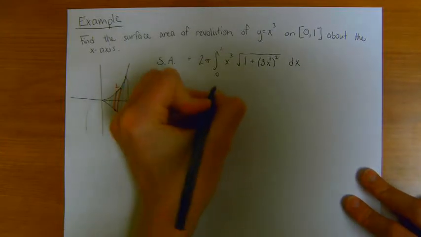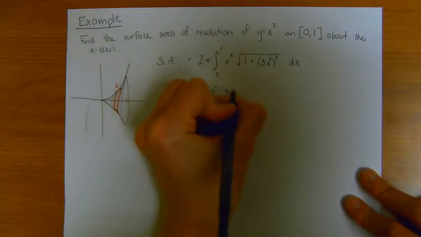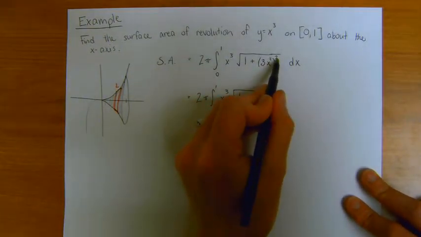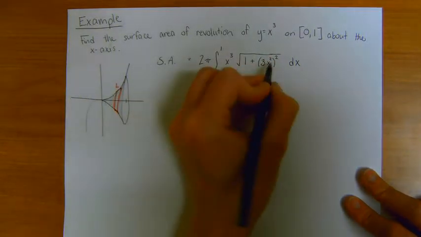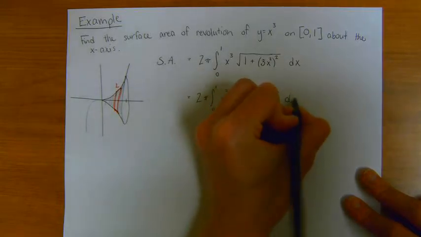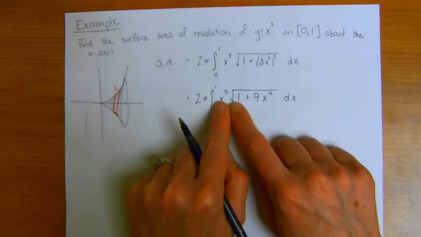This becomes 2 pi times the integral from 0 to 1 of x cubed. I'm going to simplify the interior of the radical really quick. This 3 is squared, that makes it a 9, and the x squared is also squared, makes it an x to the 4th, dx.